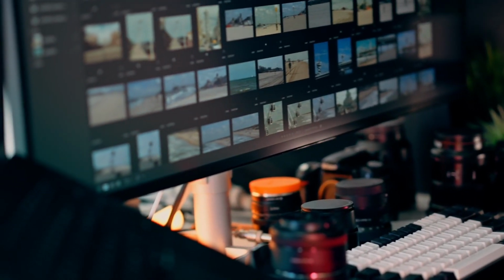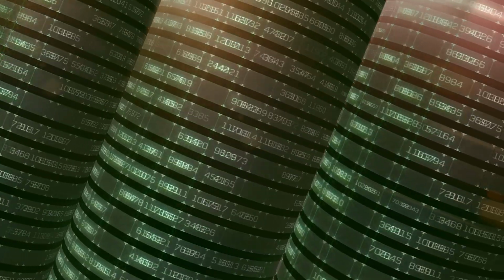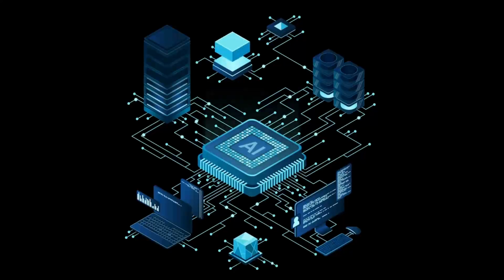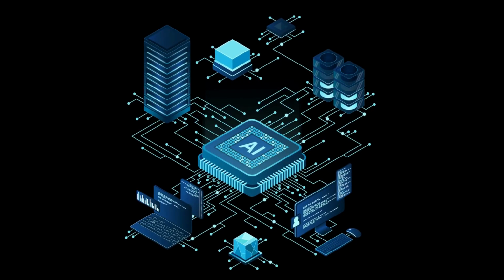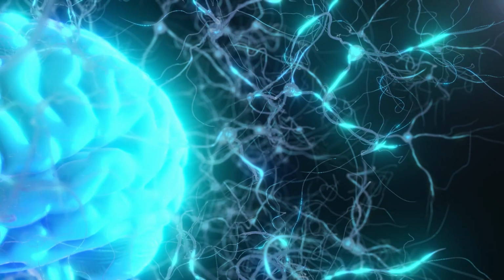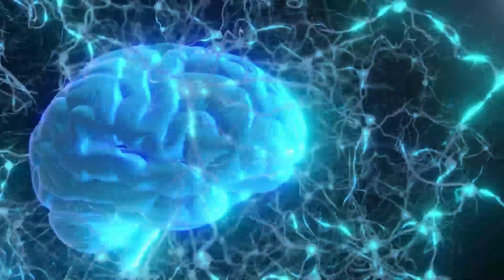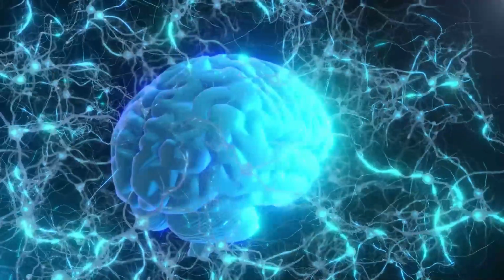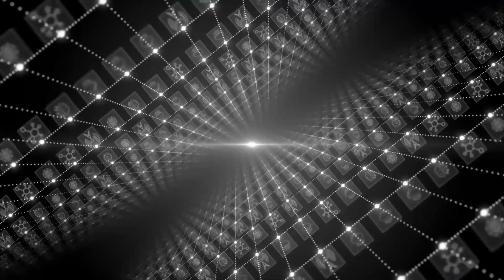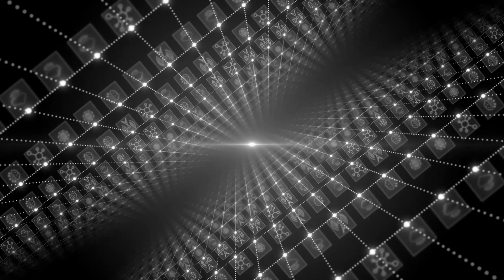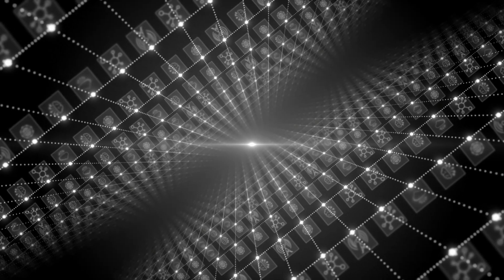For humans, it is a picture. For AI, it is mathematical information. Modern AI systems use neural networks. These systems are inspired by the way biological neurons in the human brain process information. However, they are not copies of the human brain. They are mathematical systems made of connected layers that transform information.